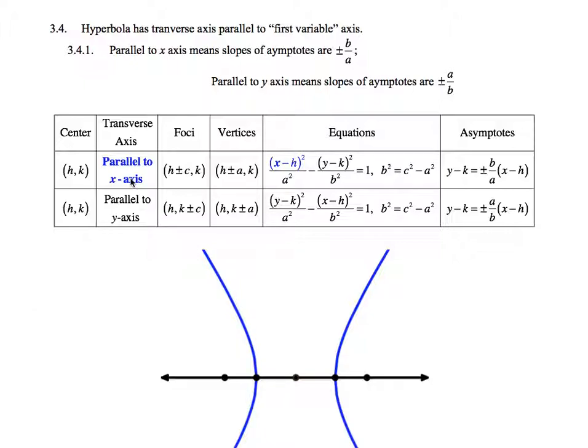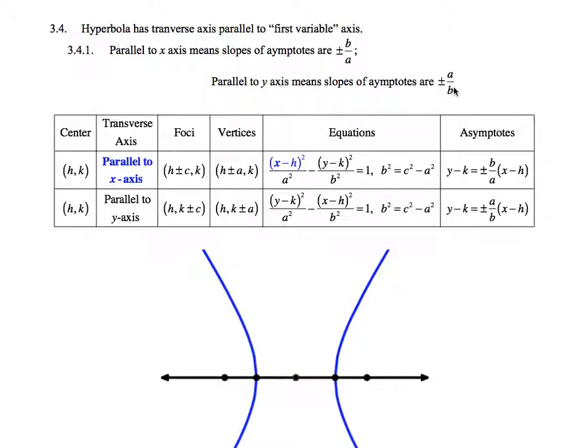And I've coded this blue, and if you want to remember, b for blue over a, parallel to the x-axis, blue, and when parallel to the y-axis, it means that the slopes of the asymptotes are a over b.